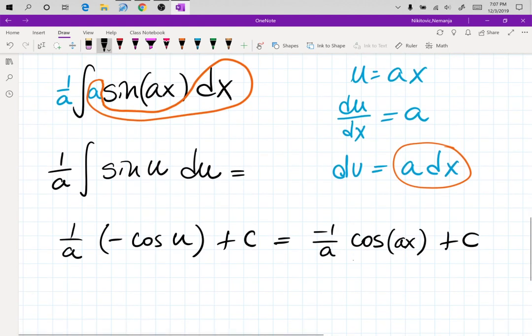And this was the formula which I gave you in 4.9. I wrote this in red and I said, yeah, memorize it. Well, there it is, worked out. And now you know that u-substitution is responsible for creating that formula.